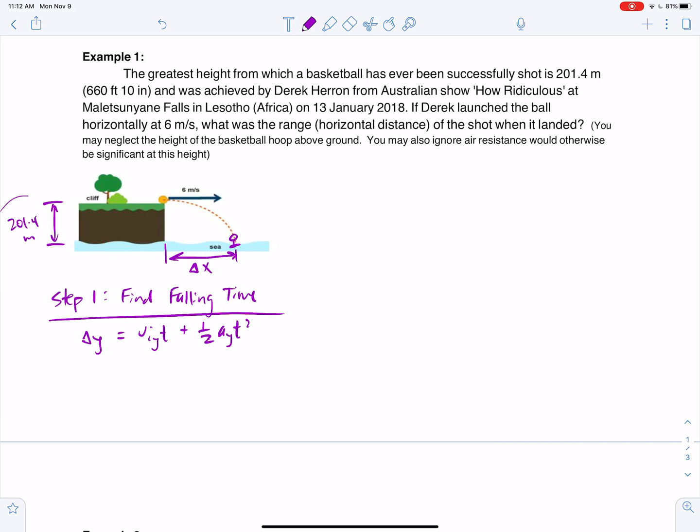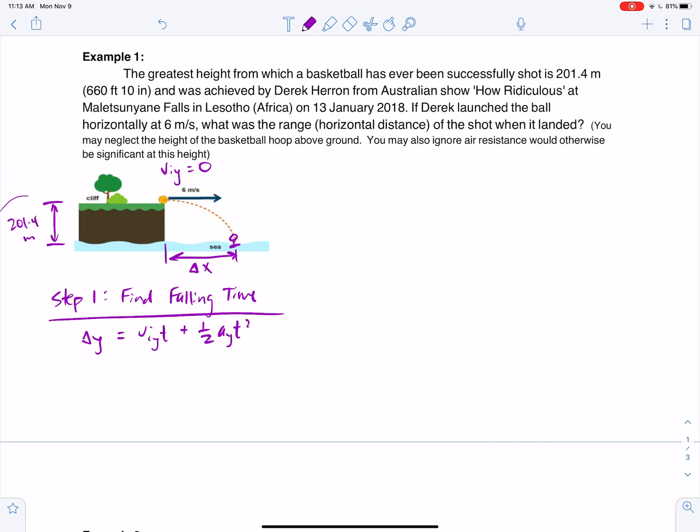Now, the ball in this case is just being pushed outwards. It's not like it's rising up and then going down. It's only being launched horizontally. So the ball has no vertical velocity right off the bat. We can say that the initial vertical velocity is 0. The ball is only being pushed horizontally, okay?